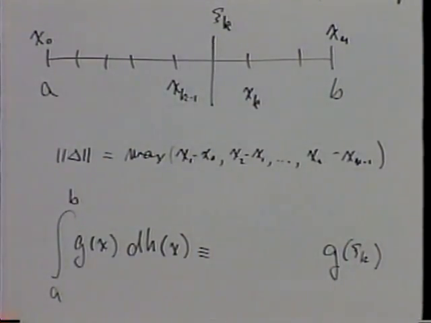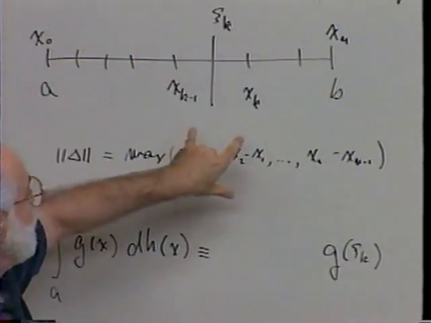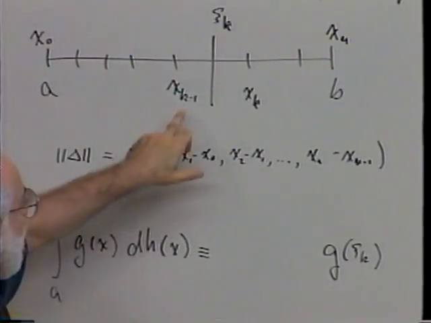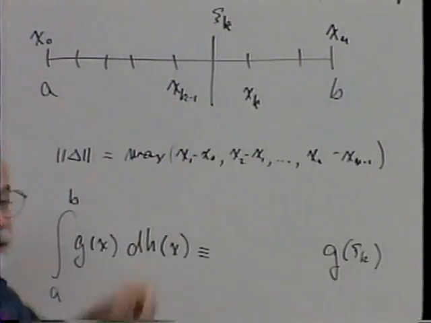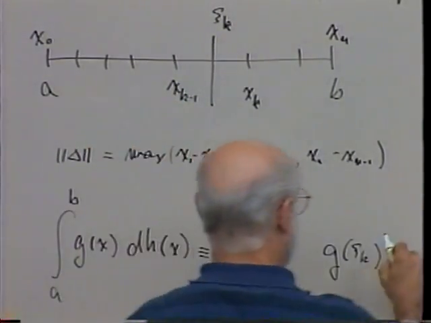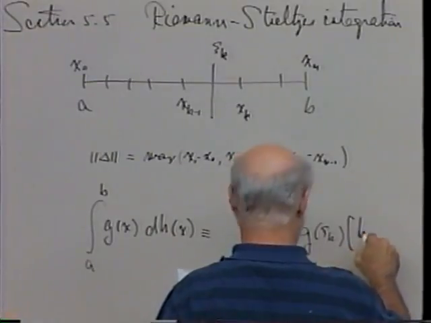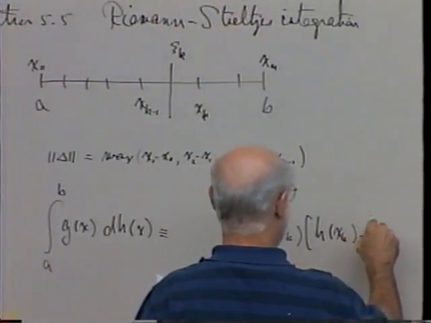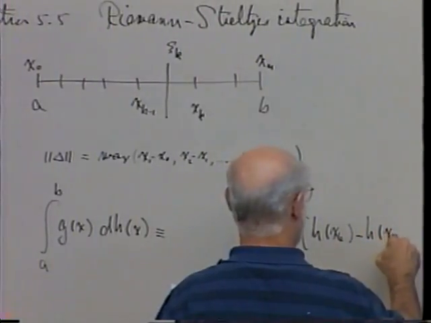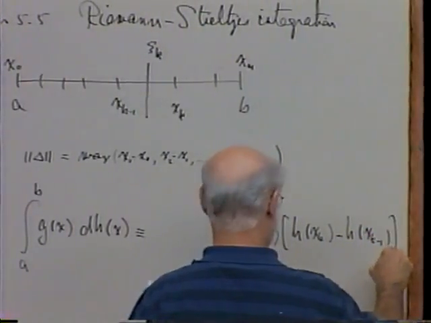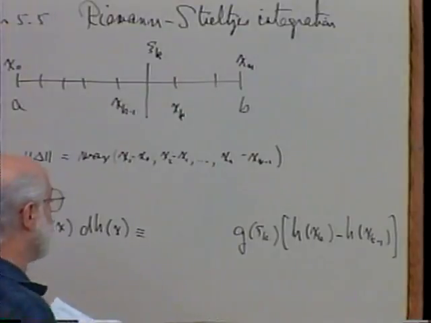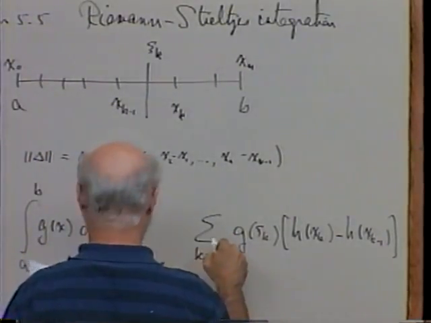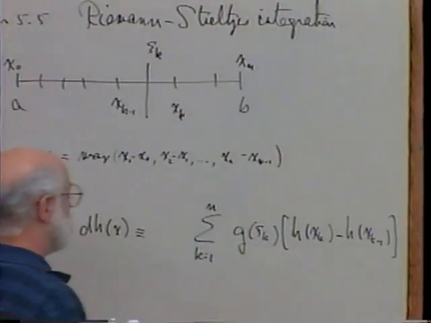I'm going to multiply the value of g by the difference between h as h goes from this part of the interval to that part of the interval. So that's going to be multiplied by h evaluated at x sub k minus h evaluated at x sub k minus 1. And then I'm going to sum that over all values of k as k goes from 1 to n.